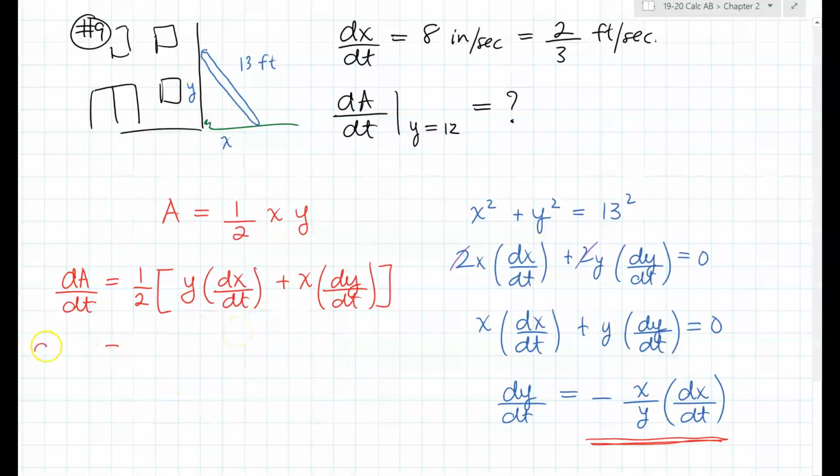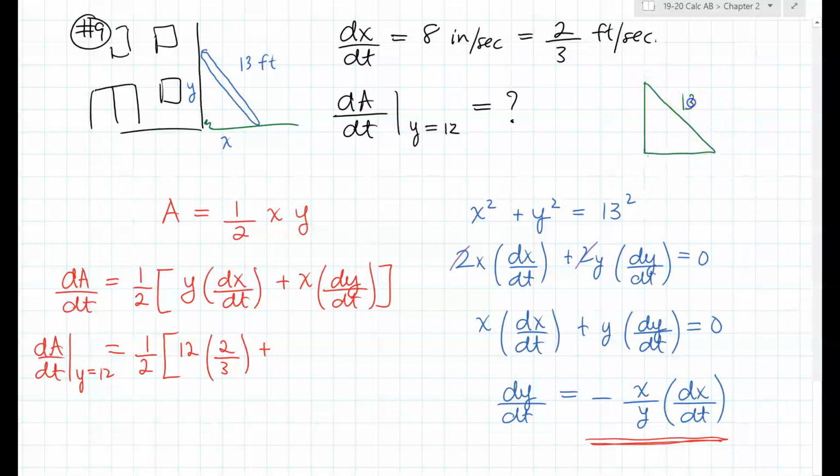We have dA/dt when y is 12 equals 1/2. Now, y is going to be 12. dx/dt is 2/3, because we're doing it in feet per second. Plus x. Well, with our triangle, we have a 13. They're saying this is 12, so this has to be a 5.